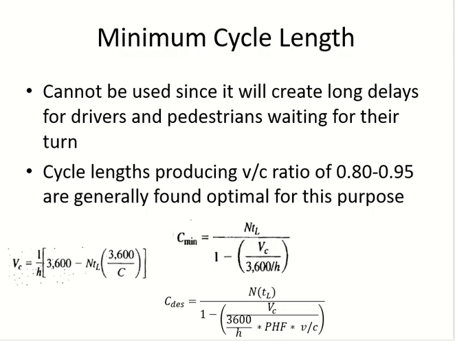You have to wait less. But what's the problem here? This is at V by C ratio 1. If I take 64.8, the drivers have to wait less, but if V by C ratio is 1, that means what? Flow equals capacity.